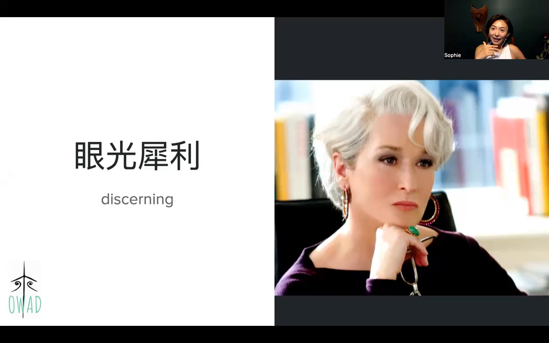So this is a discerning moment for her, like she is trying to read the situation, assessing a person or something. So this is a good depiction of what 眼光犀利 means, like discerning, or earlier I said piercing. That's probably more accurate considering we have 犀利. So it's like the rhino's horn sharp, pointing through.